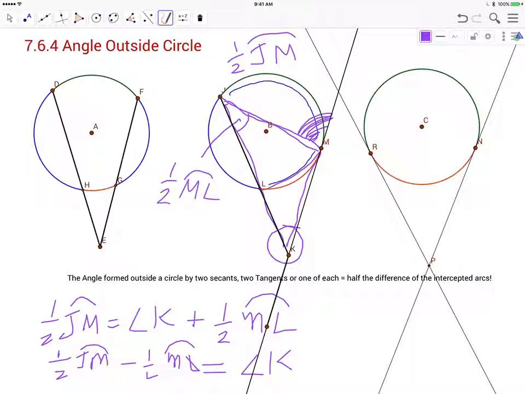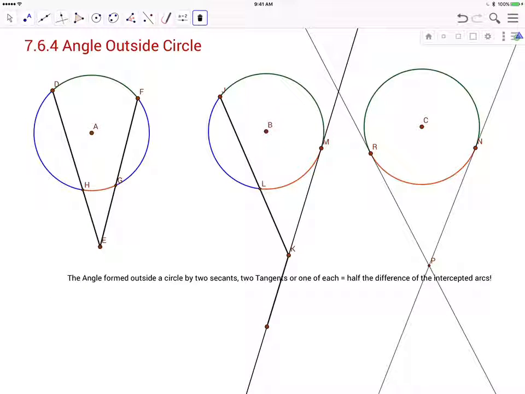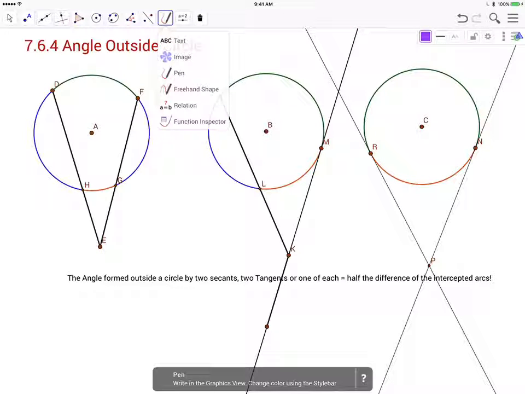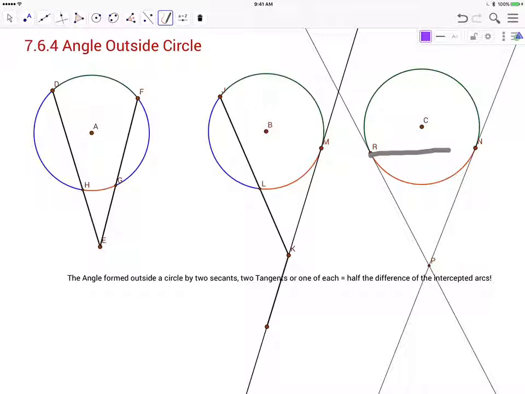Okay, so same conclusion. And let's do this one more time, drop everything out, all the junk. On the final one, we have the exact same situation. And we're going to draw in this line, because this line will create a chord and a tangent, and this angle is half of Rn.